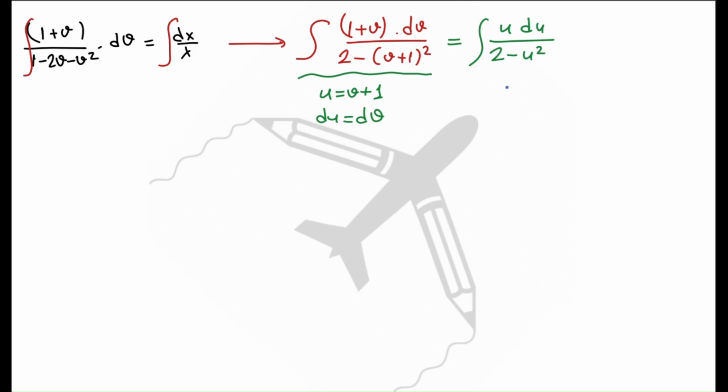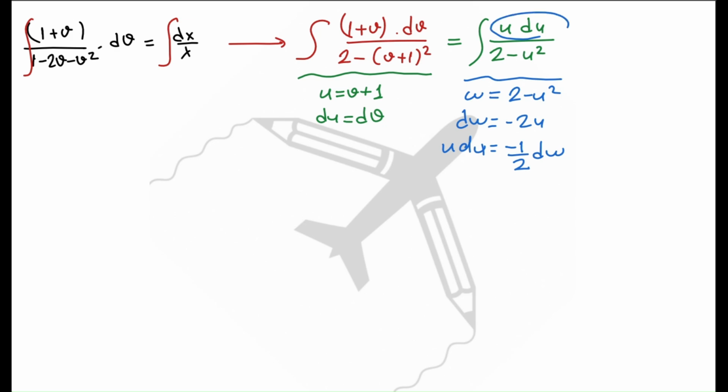After that, in here we have to give another name. So let's say omega is equal to 2 minus u squared, and after that d omega will be equal to minus 2u du, right? Yeah. And we can say that u times du will be equal to minus 1 over 2 d omega.